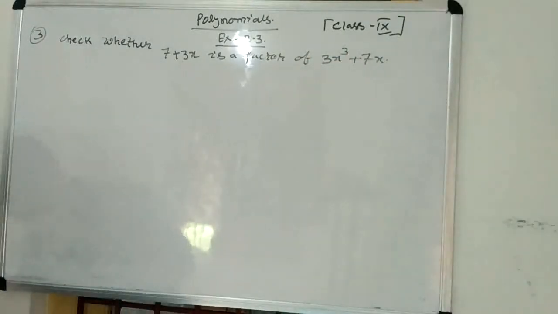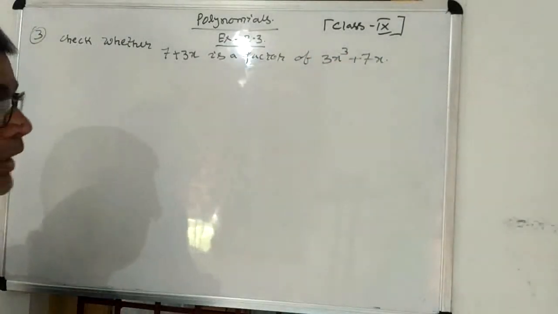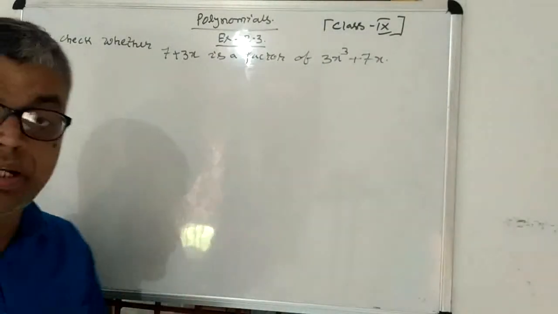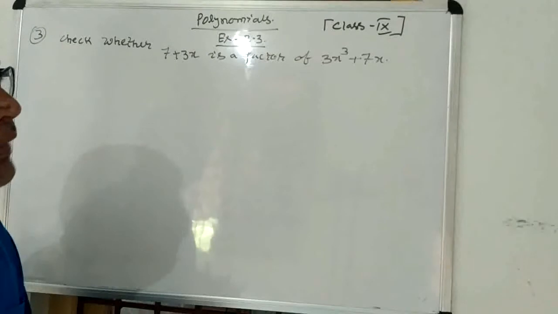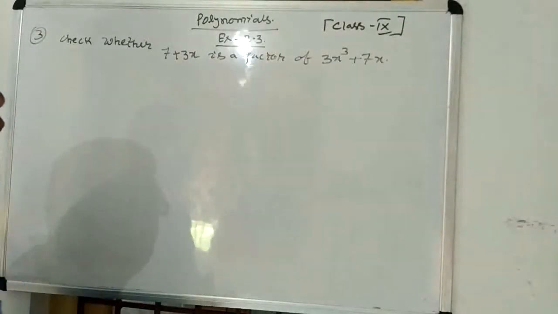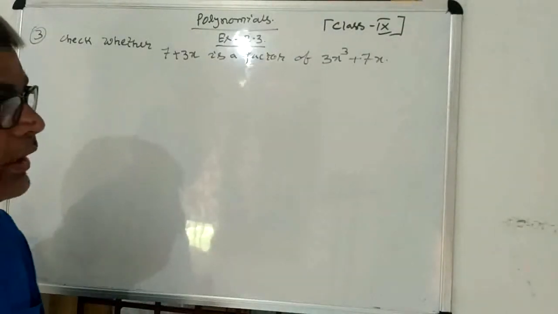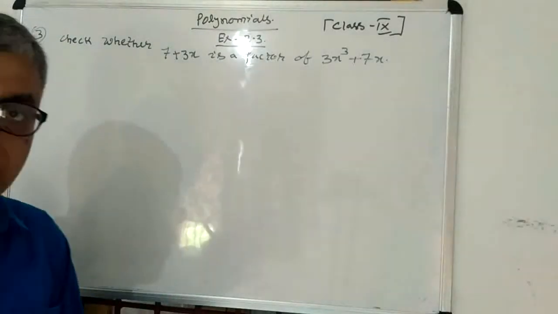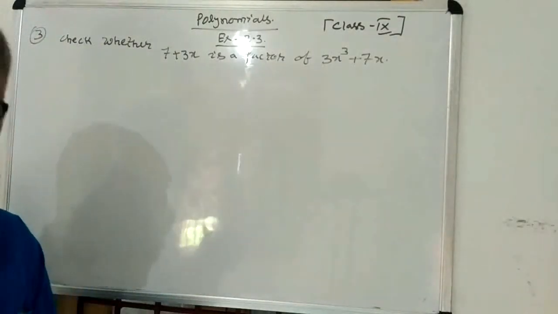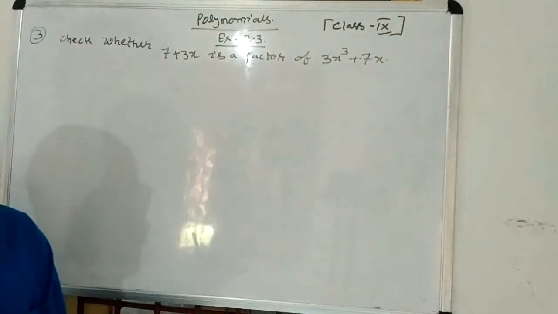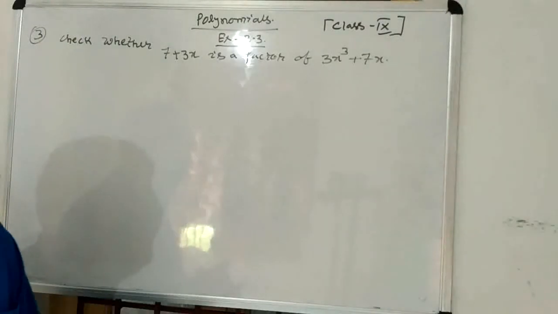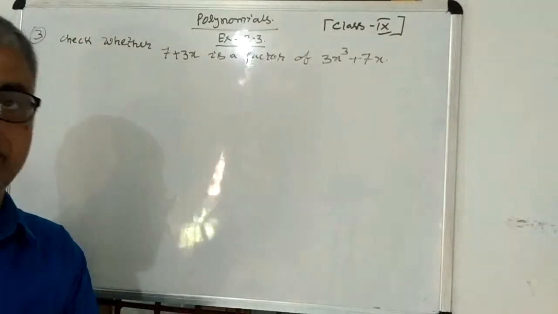So whether 7 plus 3x will be a factor of 3x cube plus 7x or not depends upon the remainder. When we divide and get the remainder 0, it means that the divisor is a factor. And if 0 does not come as remainder, it means that the divisor is not a factor.